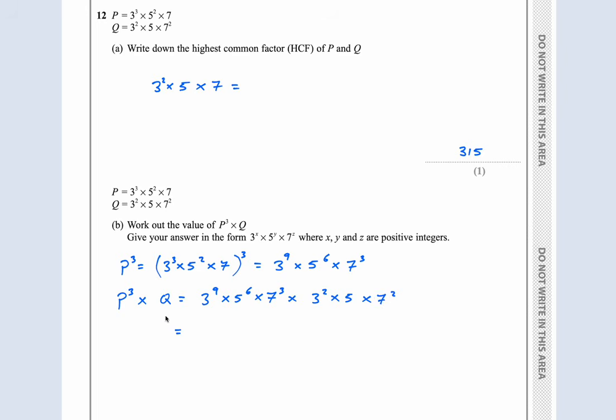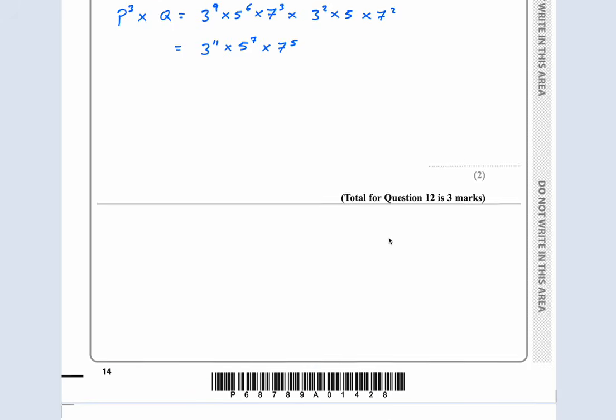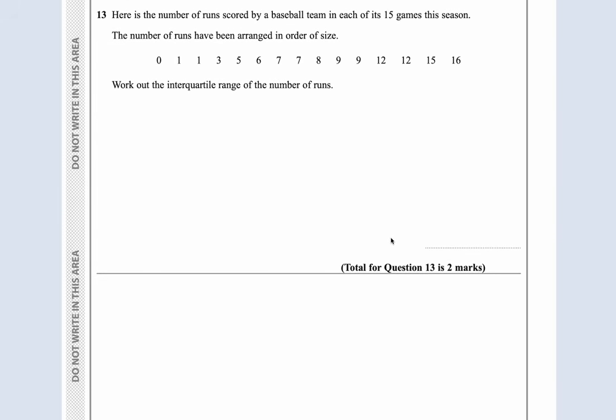And now I can just add the powers of each common base. So the 3 to the 9 times 3 squared is 3 to the 11. 5 to the 6 times 5 is 5 to the 7. And 7 cubed times 7 squared is 7 to the 5. And that is correct. Okay, question 13.